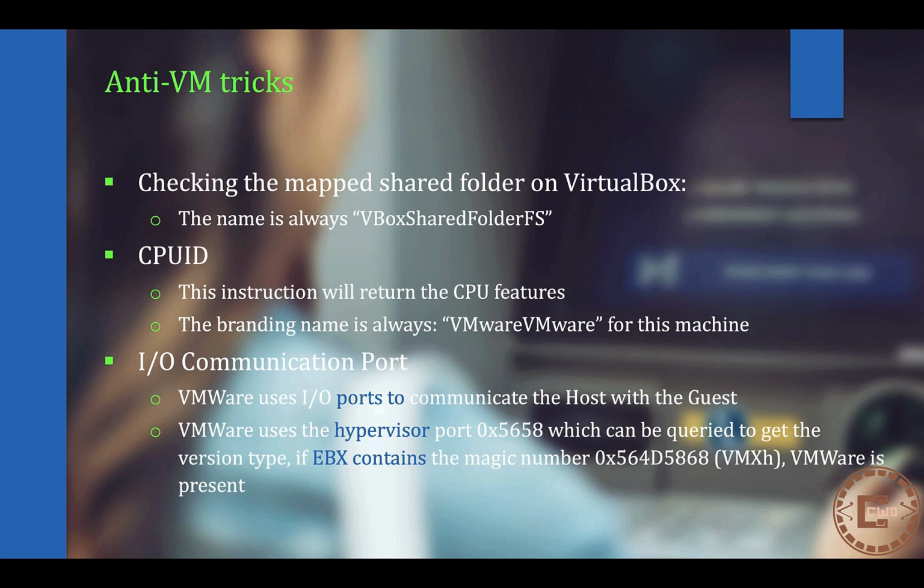If EBX contains the magic number VMXh, VMware was present. Again, a pretty cool feature. Back in the day you could see assembly with this value, and you realize these guys were checking if VMware is running. But again, guys, notice the level of detail these guys understood.